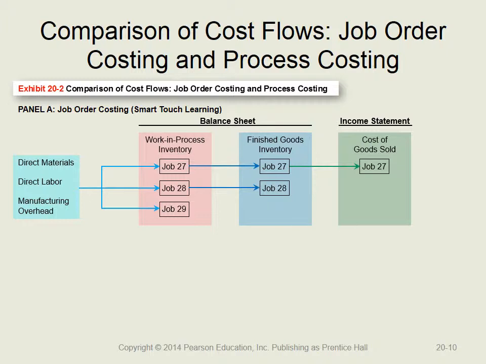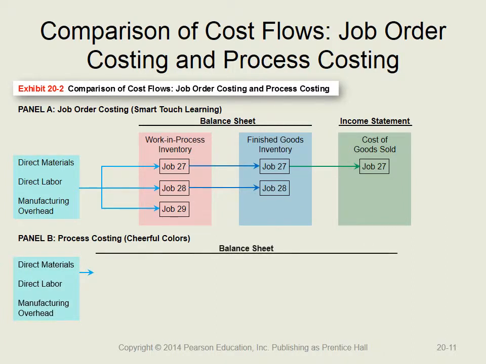These costs are recorded in the work-in-process inventory account. As jobs are completed, the costs are transferred to finished goods inventory account. Then, when a job is sold, the cost of the job is transferred to cost of goods sold. Note that there is a single work-in-process inventory control account. The work-in-process inventory account in the general ledger is supported by an individual subsidiary cost record for each job.